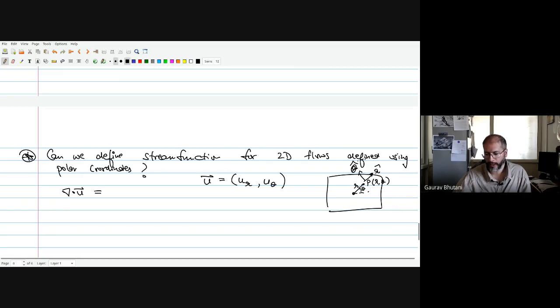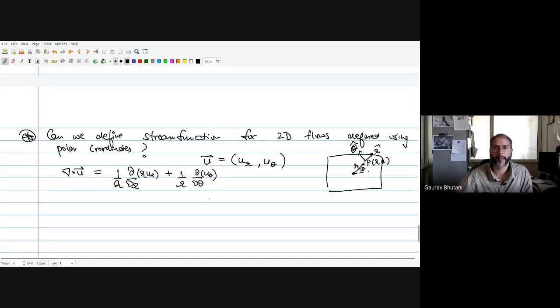So if we define things in terms of polar coordinates rather than Cartesian coordinates, can we still define a stream function? Let's see. Divergence of u vector in polar coordinates is given as 1 by r del by del r of r u r plus 1 by r del by del theta of u theta.